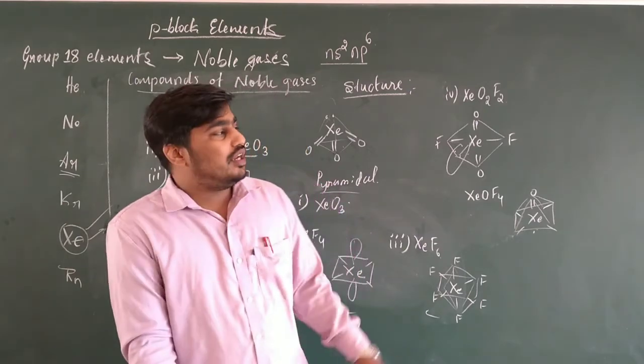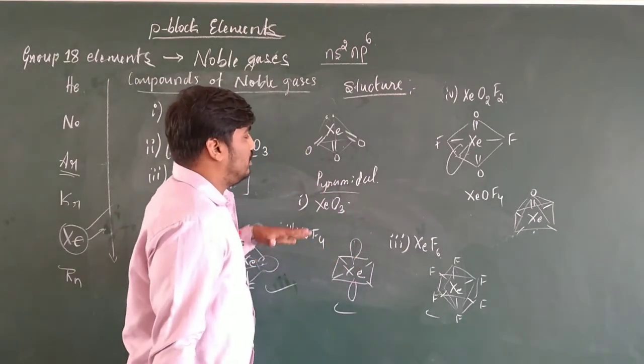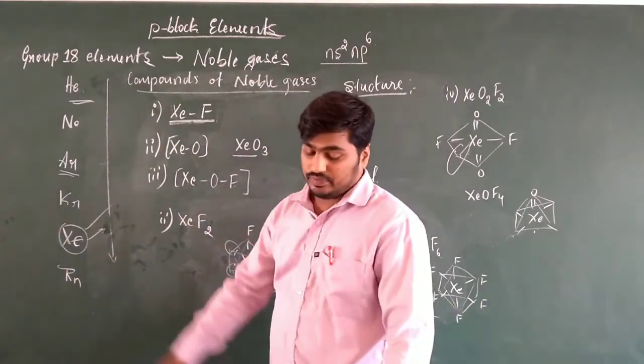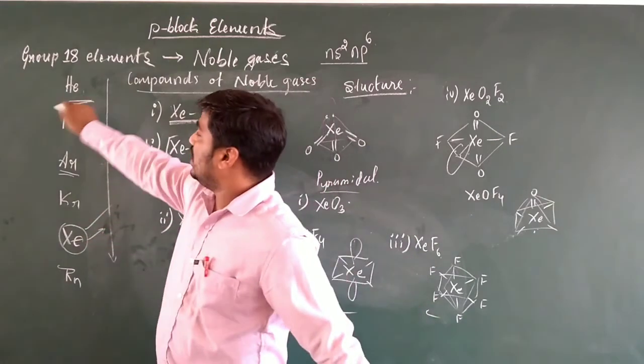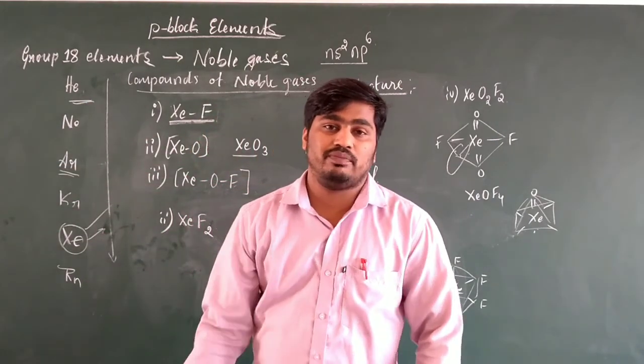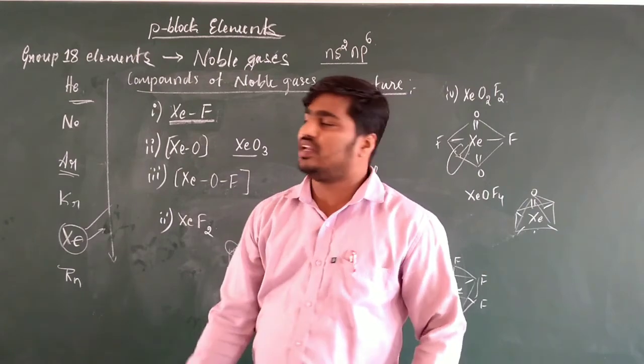Next, the last very important part is the uses of the noble gases. The first one, helium, has a lot of uses. Helium is used in metallurgical study because of its inflammable nature and being a light gas.